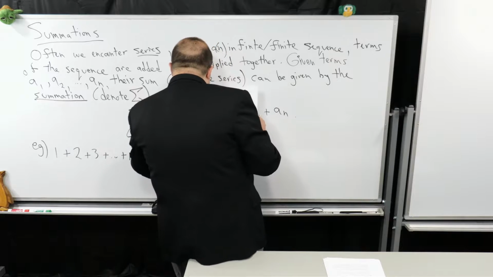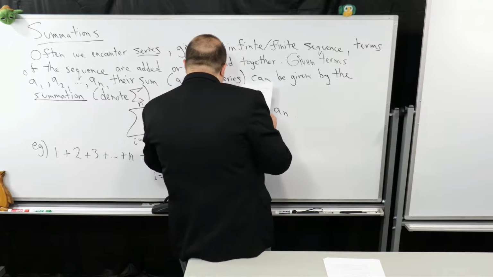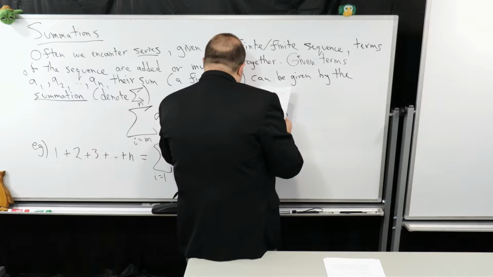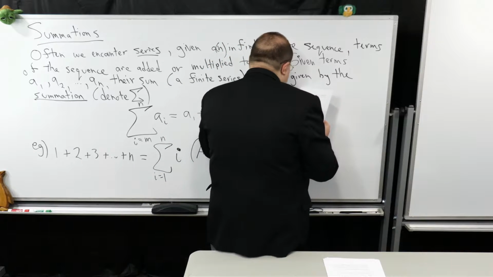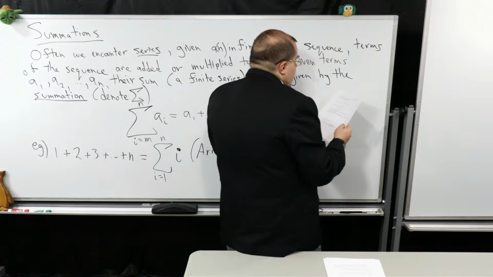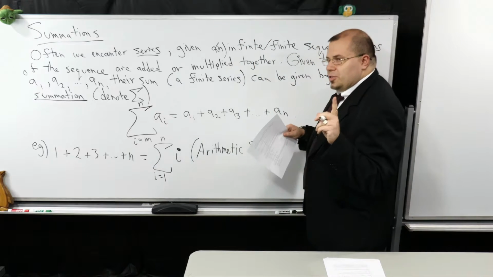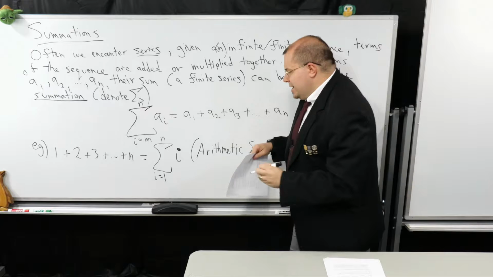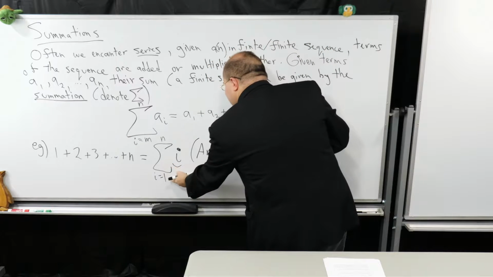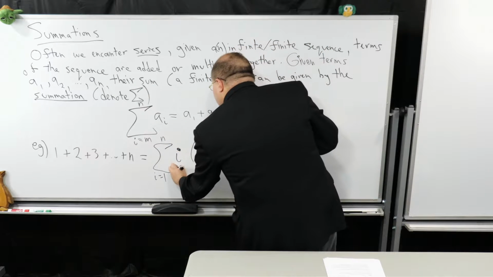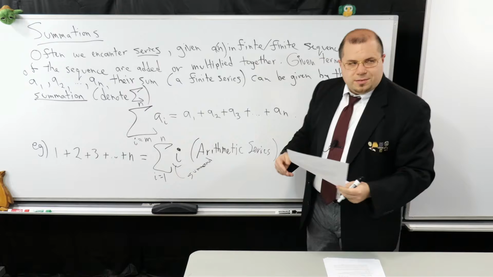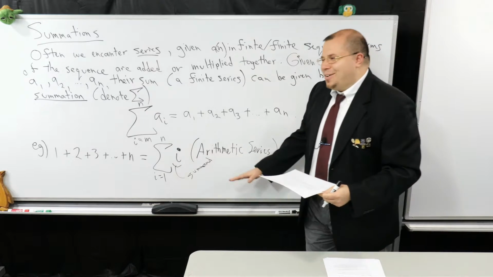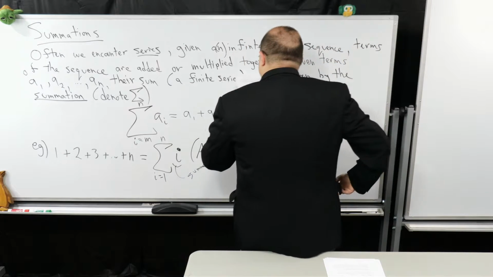Often this series is called the arithmetic series. Now, just as another bit of terminology, I said that this is the lower limit, that's the upper limit. This is often called the sum end. It's a fancy word. Don't worry too much about the technicalities of these things.